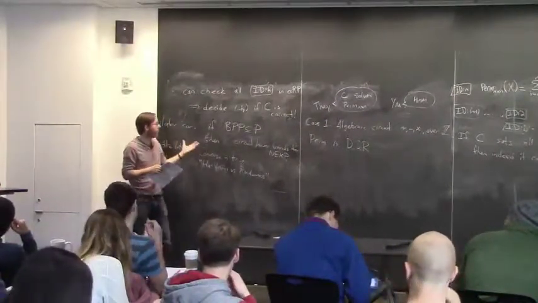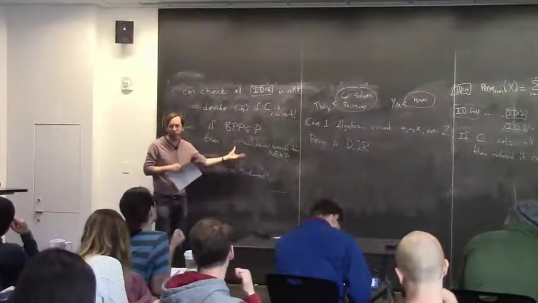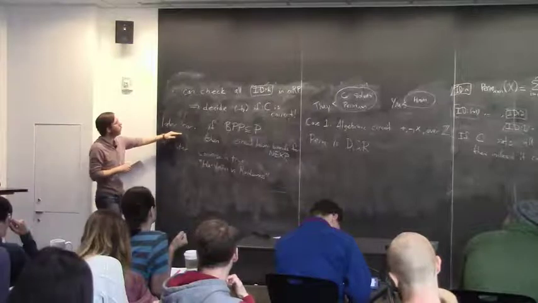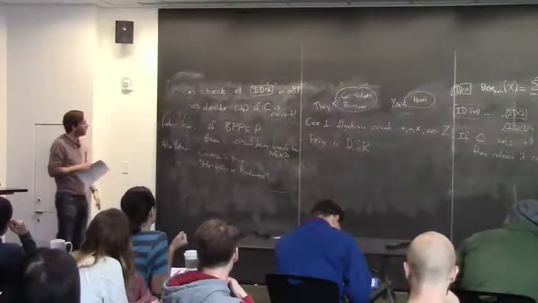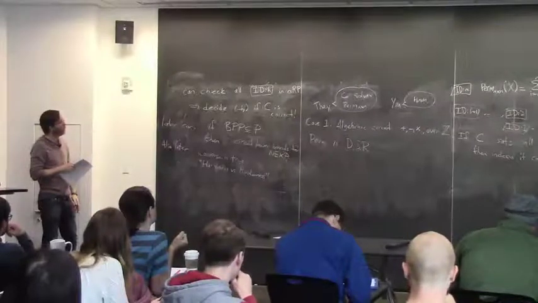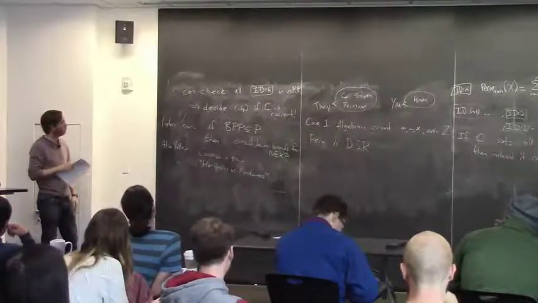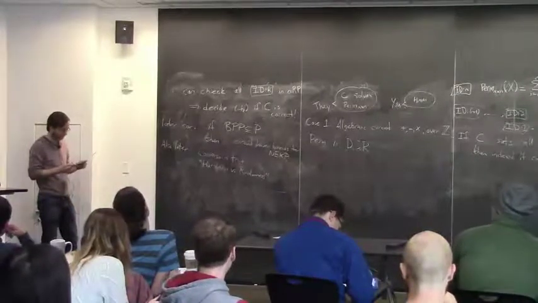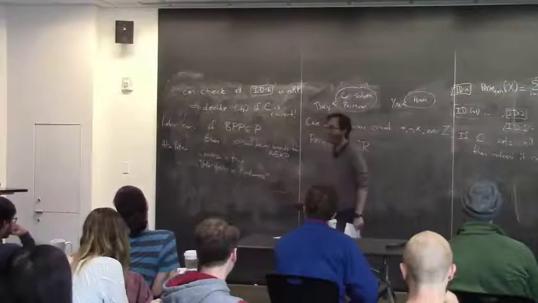It's like an equivalence relation between the problem of showing derandomization and the problem of showing circuit lower bounds. And this corollary is not too hard to prove from this fact. But you'll just have to take my word for it. We'll see it later. Okay, any questions?